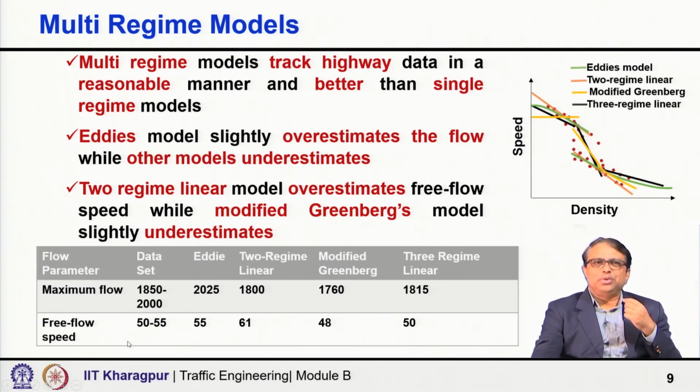The observed data indicates a free flow speed in the range of 50 to 55, and the two regime model gives more than 60, so slightly overestimating. On the other hand, the modified Greenberg model says the free flow speed is the lowest among all these models, and it is 48.